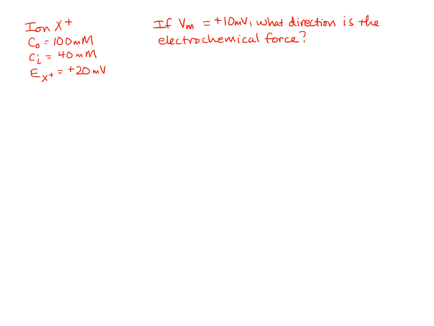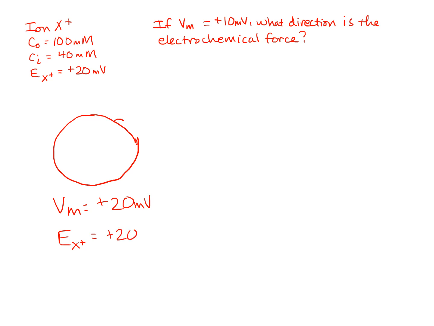Okay, so the first thing you always want to do with these problems is draw the cell with the membrane potential set to the equilibrium potential. So we were given that for this ion, the equilibrium potential is plus 20 millivolts, so that's what we're going to draw first. So we're going to draw some pluses in here.